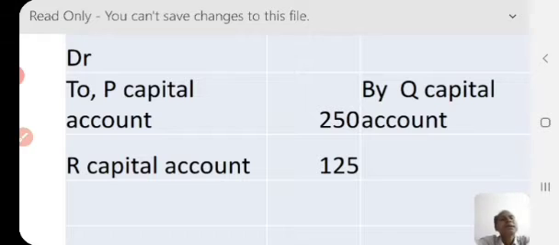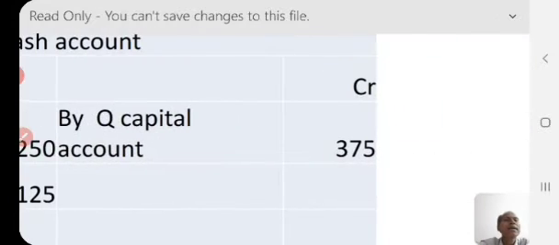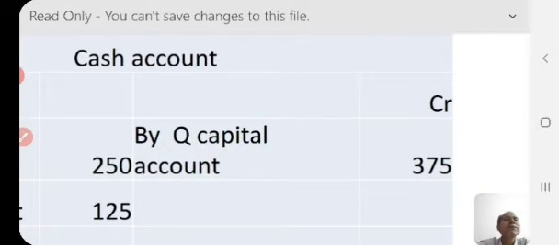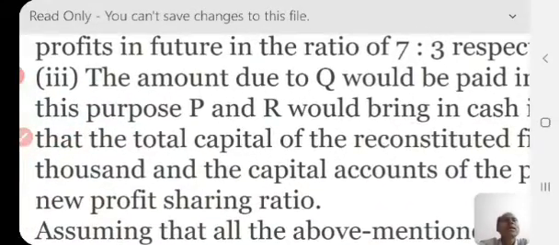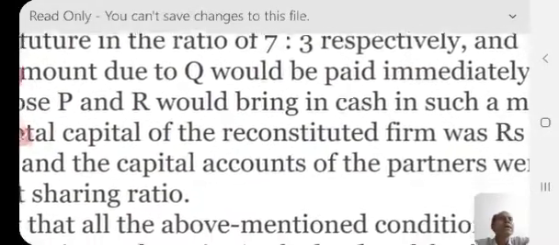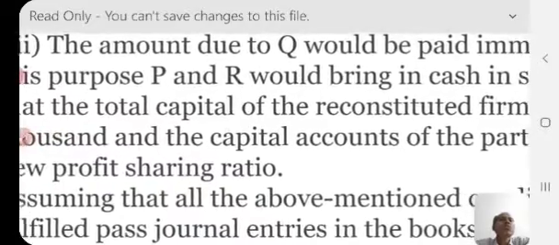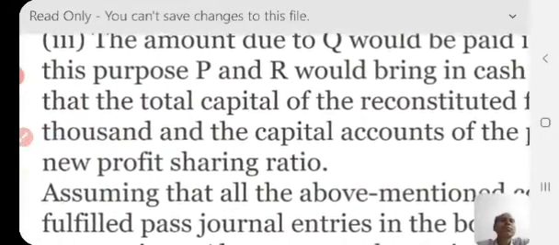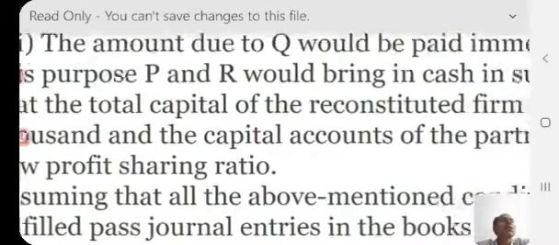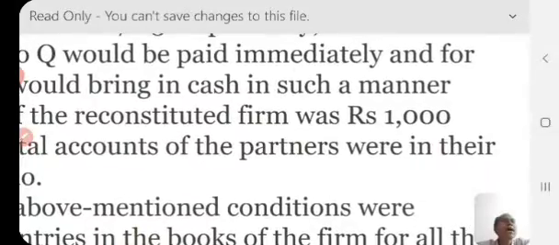And in the adjustments, it is given that the amount due to Q would be paid immediately, and for this purpose, P and R would bring in cash in such a manner.